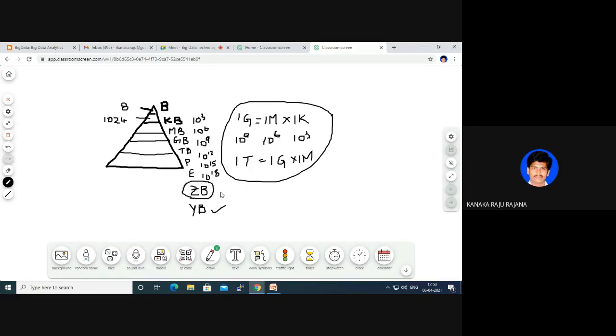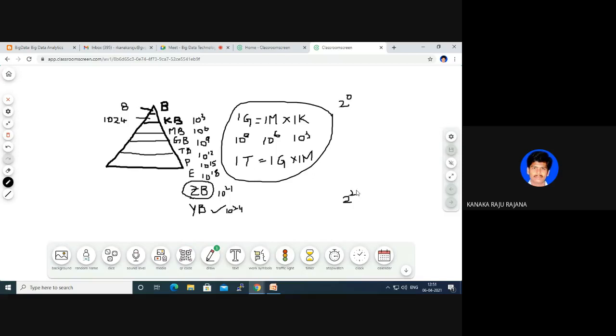What about the next one? 10 to the power of 21. After that, 10 to the power of 24. That is the reason why you need to be aware of powers, so start reading and analyzing from 2 to the power of 0 to 2 to the power of 24.